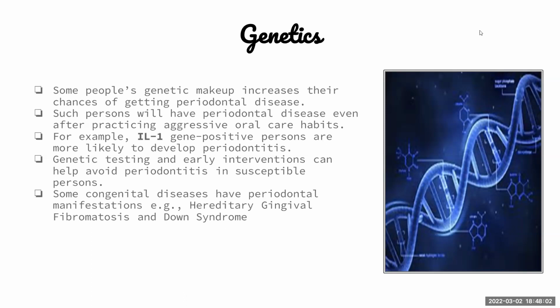So we're not randomly testing people. We're not randomly putting everybody on antibiotics and things like that, but we are investigating. Some congenital diseases have periodontal manifestations, such as hereditary gingival fibromatosis and Down syndrome.